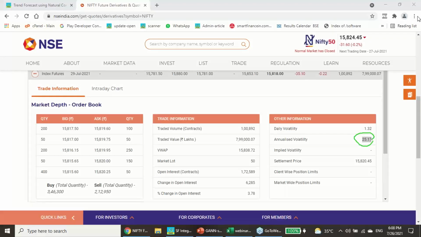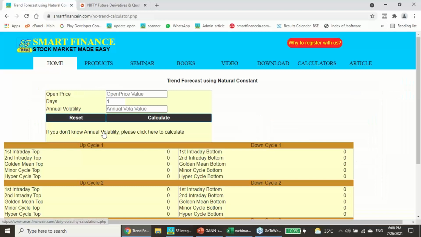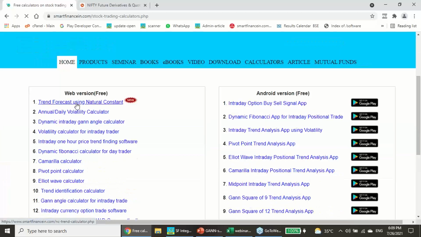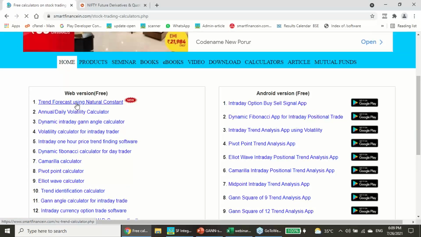For certain things like commodities and currencies, you will not have this volatility figure here. Or for some equity symbols, you may not have it. So we have also given one more web calculator to help you calculate this volatility. Once you visit the calculator segment, the first calculator I am focusing on is trend forecast using natural constant.